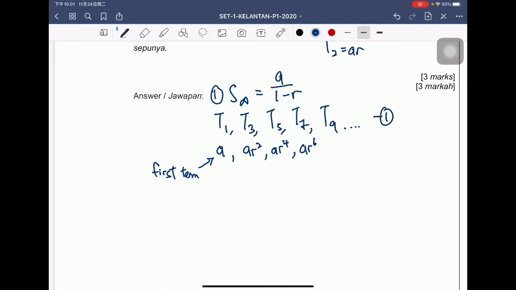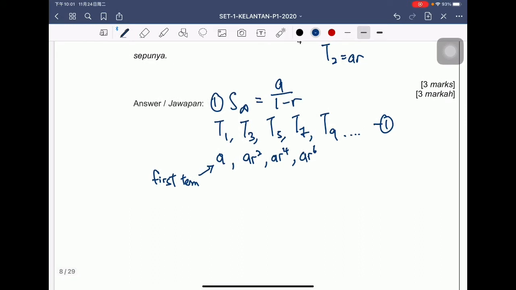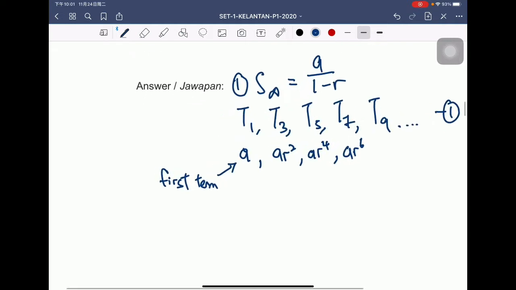How about our common ratio? In order to calculate the common ratio, we use the second term of the progression divided by the first term of the progression. So the common ratio r will be ar squared over a. The a and a we can cancel out, and it leaves only r squared here.